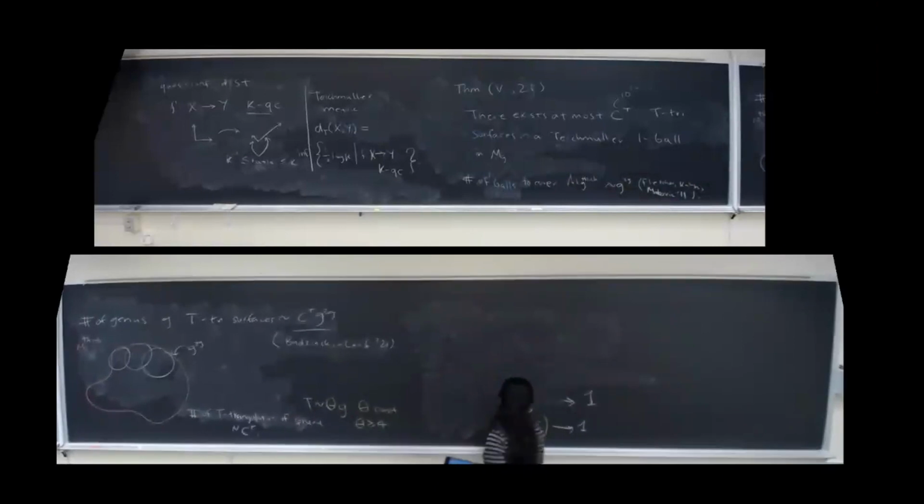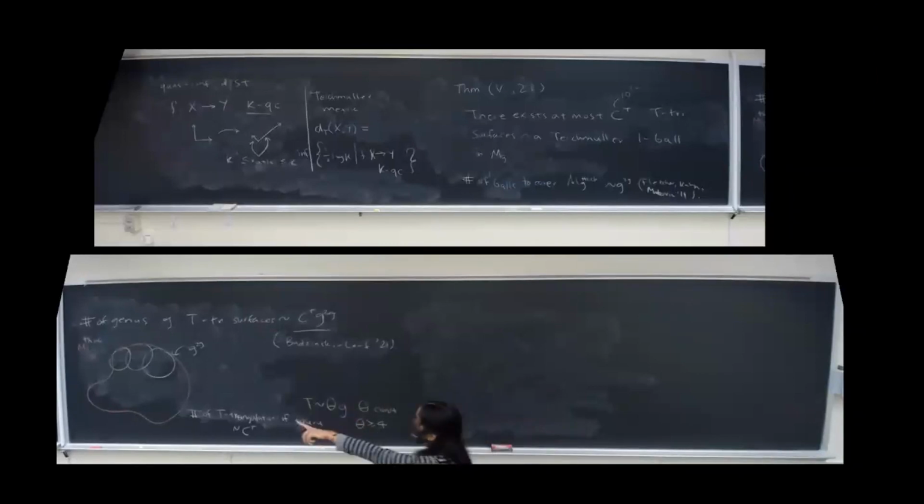Do you have an image of what a random surface looks like? As I said earlier, a random surface is a bit hard to imagine because it has very small diameter. The diameter is like the logarithm of the genus, and it's also very difficult to cut the surface in half.